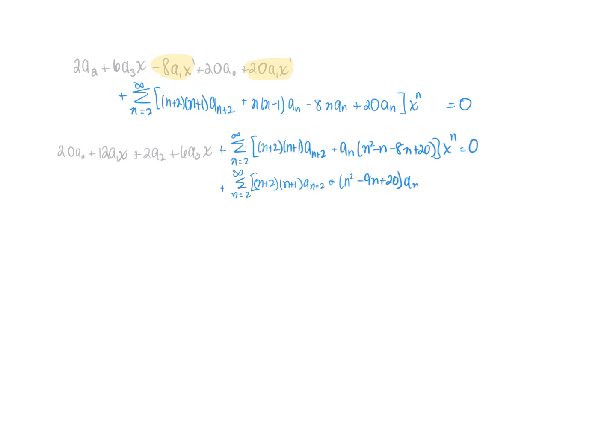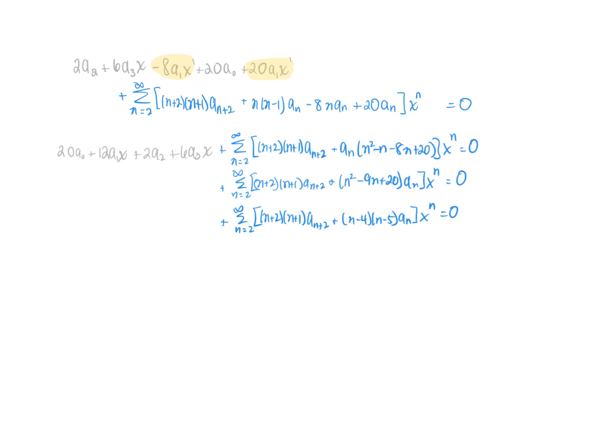And we can factor that. What multiplies to give us 20 and adds to give us negative 9 would be negative 5 and negative 4. So we'll have the sum from n equals 2 to infinity of n plus 2, n plus 1, a sub n plus 2, plus n minus 4, n minus 5, a sub n, all times x to the n equaling 0.